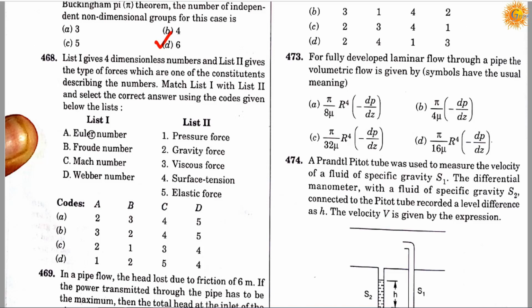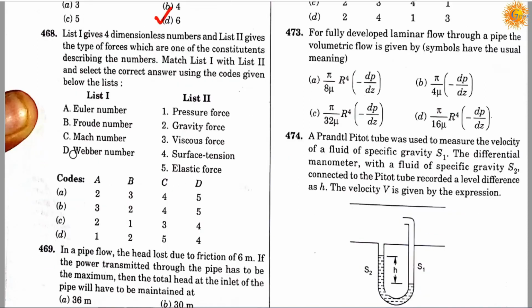In the first list, A is the Euler number, B is the Froude number, C is the Mach number and D is the Weber number. And in the second list, first is pressure force, second is gravity force, third is viscous force, fourth is surface tension, and fifth is elastic force. And the codes are given as options.